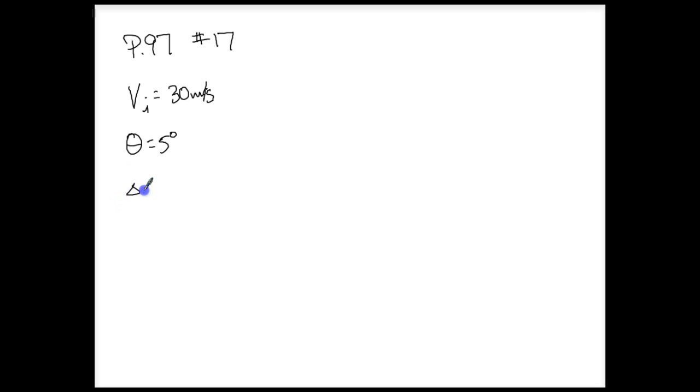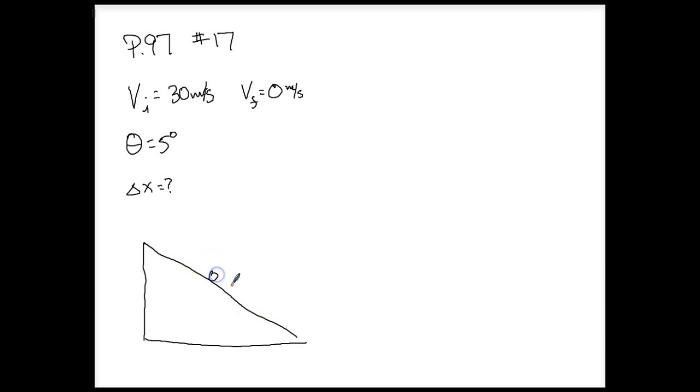So I'm going to call that my delta x. And along the way, right before it starts to roll back, it has to stop. And that's when my final speed is going to be equal to 0. So it's always helpful to draw a picture. Here's my awesome car, box car. We know that this angle is 5 degrees.